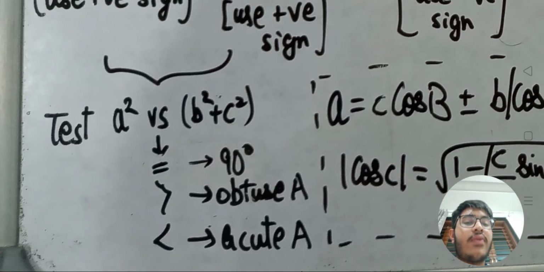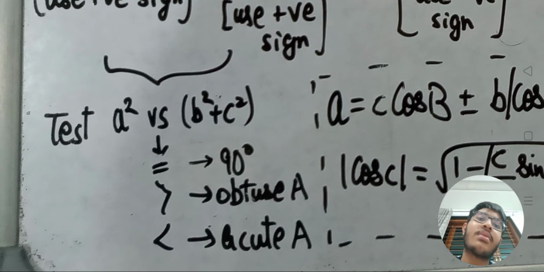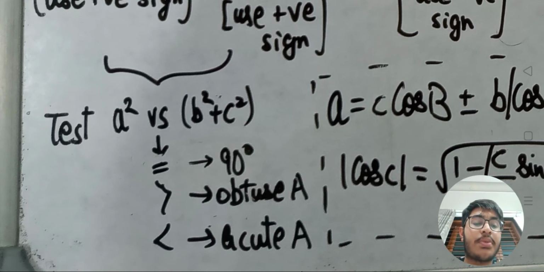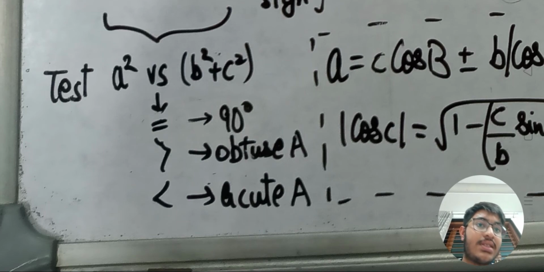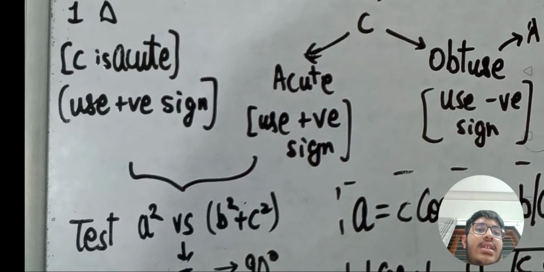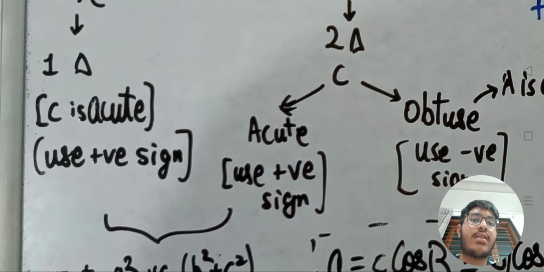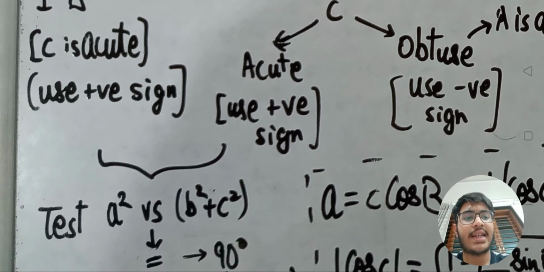Once we find the length A, if A square is equal to B square plus C square, then angle A is 90 degrees. If A square is greater than B square plus C square, then angle A is obtuse. And if A square is less than B square plus C square, then angle A is acute. Remember that we need to check it only when C is acute. When C is obtuse or when B is obtuse, we don't need to check it because the other angles will be acute.